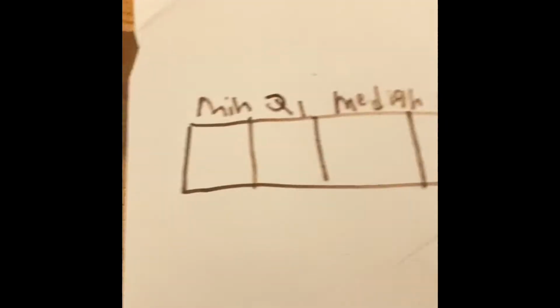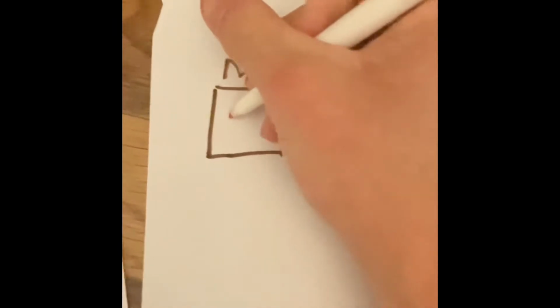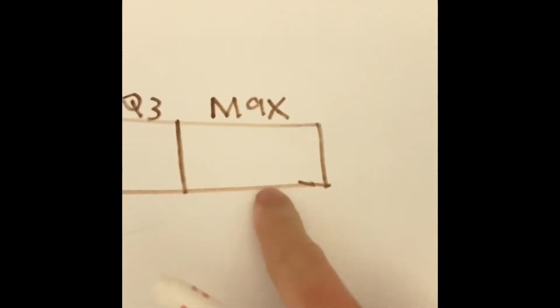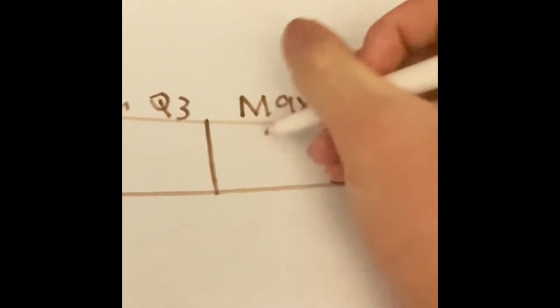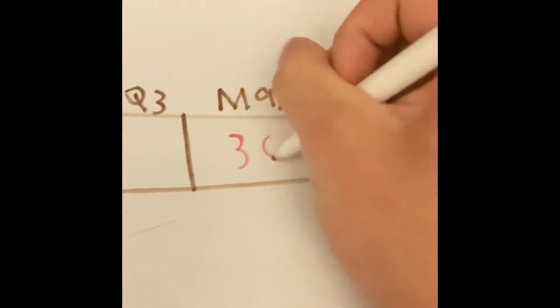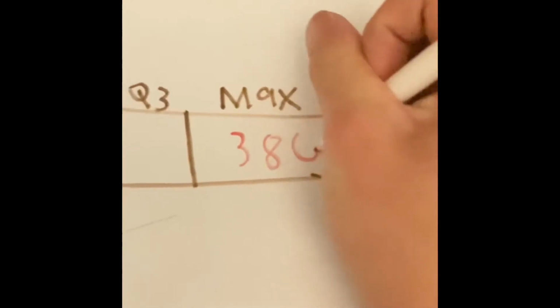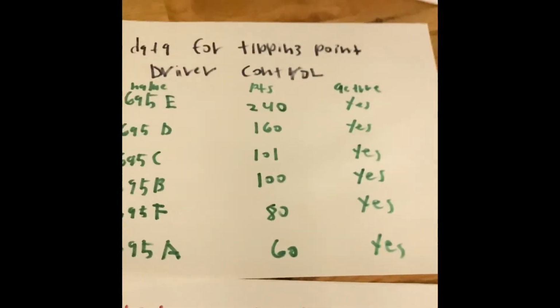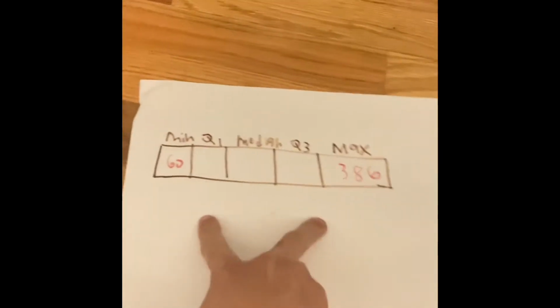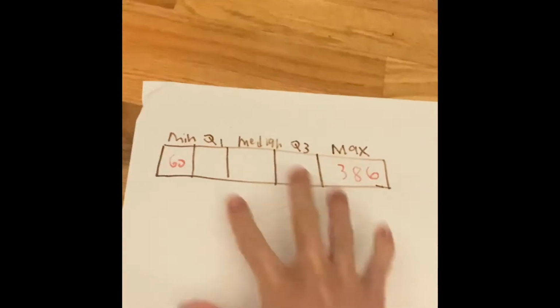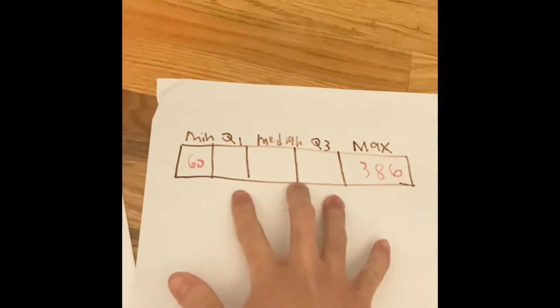We can say that the minimum is the smallest number, so we write 60. The maximum is going to be the largest number, and that is 386 points, which is the current world record for VEX Robotics Tipping Point. So we already have 2 of the 5 boxes filled out. Now we've got to find out the last 3.